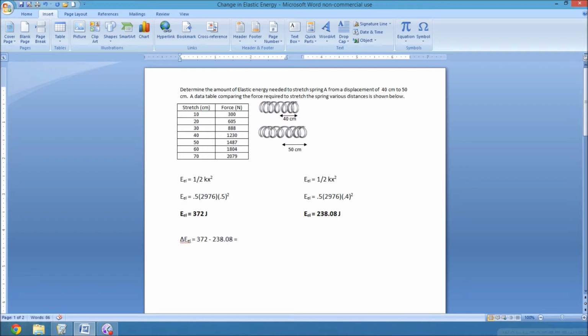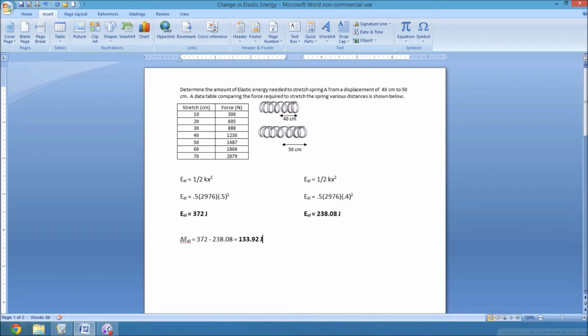Just really quick. All right, I get 133.92 joules, that seems about right, for the change in elastic energy. That's how much elastic energy from here to here was put into the spring.